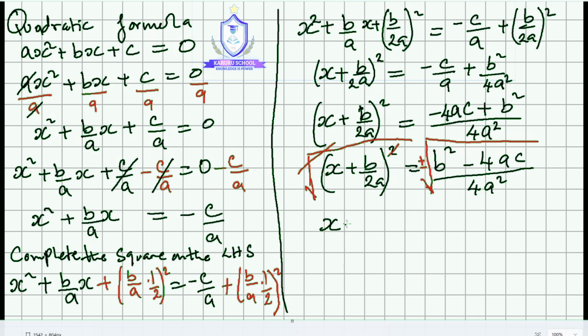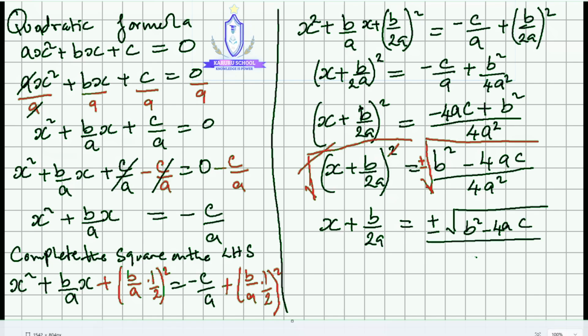So that now we get x plus b over 2a equals plus or minus. The square root on the numerator, this is b squared minus 4ac, over the square root of the denominator, 4a squared.